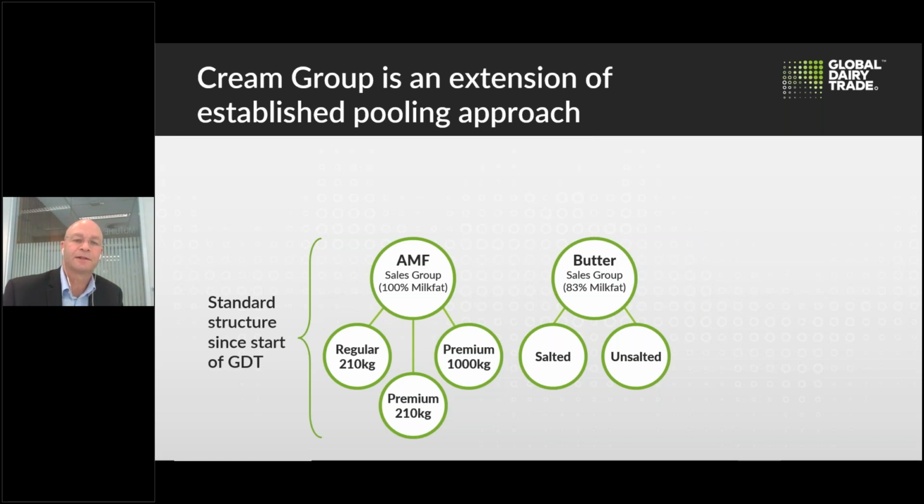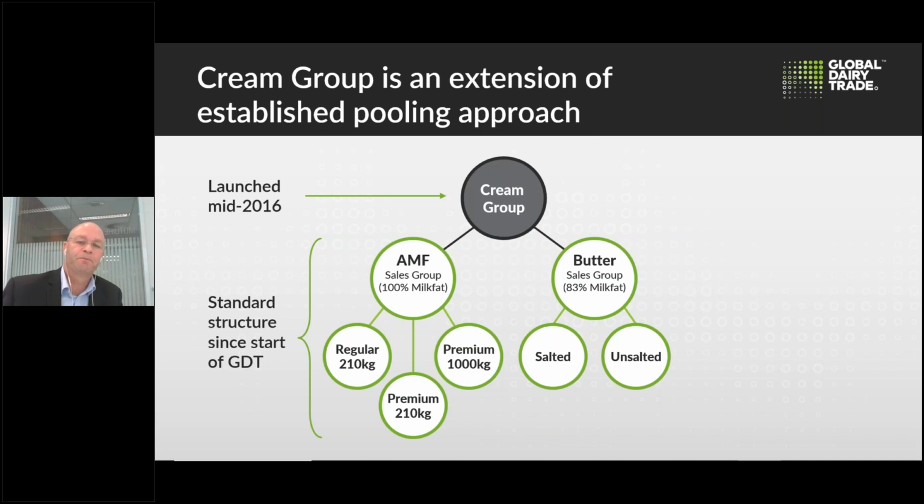And then in 2016, we thought, well, we can take that one step further and create what's called the cream group. And that's made easy because if you think of AMF and hydrous milk fat, that's 100% milk fat, whereas butter is 83% milk fat and 17% moisture or water.